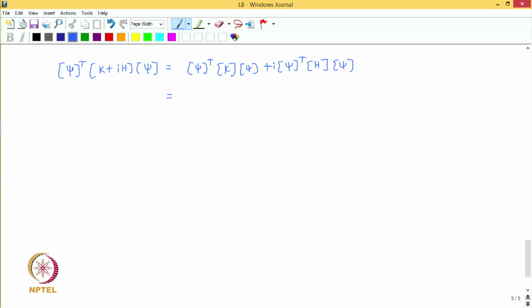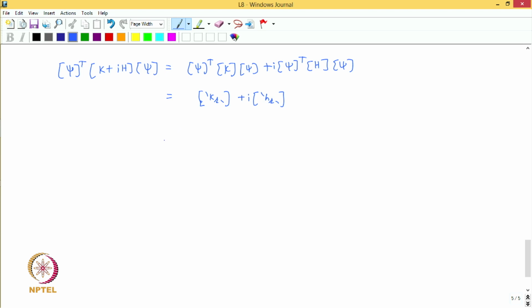And this is again, as we said, diagonal. This is nothing but Kr, the modal stiffness of the corresponding undamped model, plus i times another diagonal matrix, the matrix of damping coefficients, that is HR.